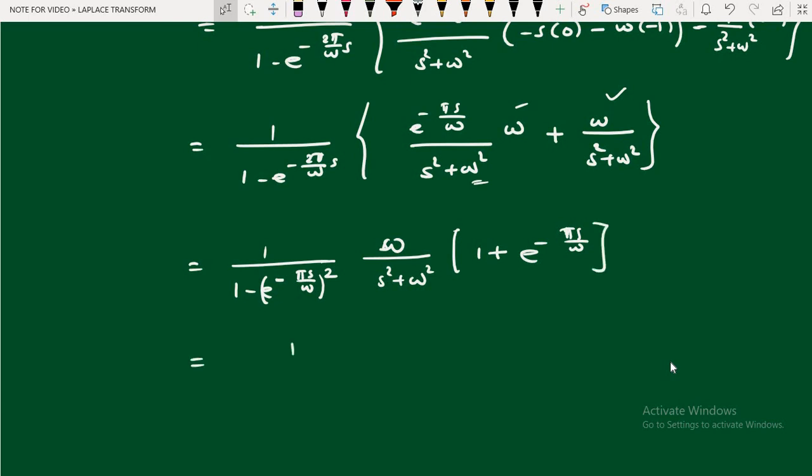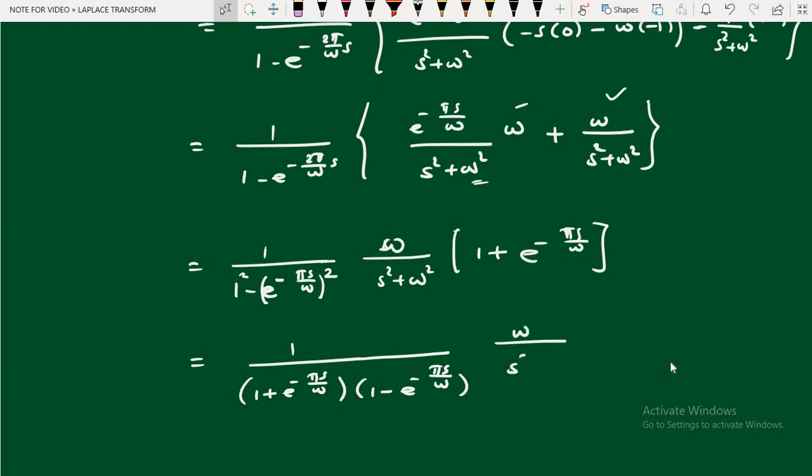Therefore here 1 by, so this is looking like a square minus b square. 1 square is 1, so a square minus b square, that form we are having. So 1 plus e power minus pi s by omega into 1 minus e power minus pi s by omega. So this is nothing but the a square minus b square formula, a plus b into a minus b, into omega by s square plus omega square into 1 plus e power minus pi s by omega.